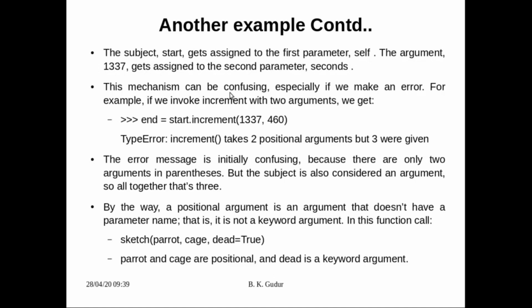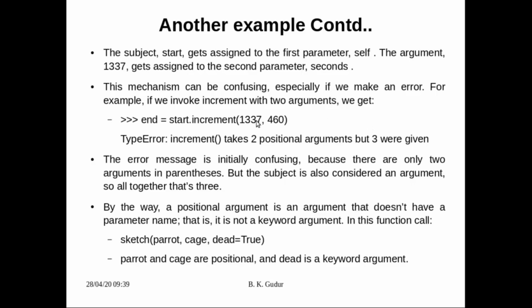This mechanism can be confusing, especially if we make an error. Earlier we had made this error: we called start.increment by supplying 2 arguments, where we don't require 2 arguments because one argument will be this itself. When we used a method call like this, we got a TypeError: increment takes 2 positional arguments but 3 were given.